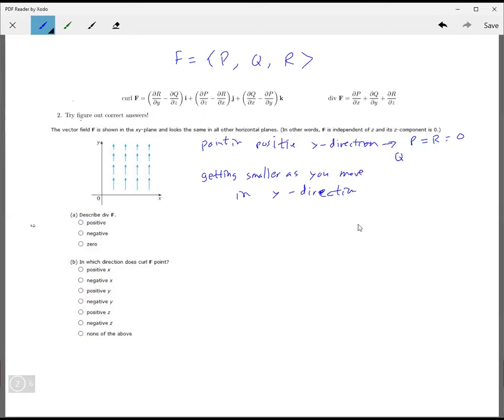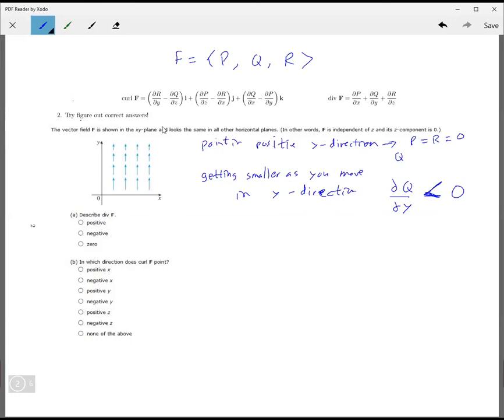As you move in the y direction, these are getting smaller. That means that dq/dy is negative. They're only pointing in the q direction, so p and r are both 0.